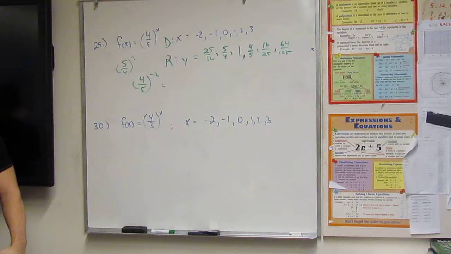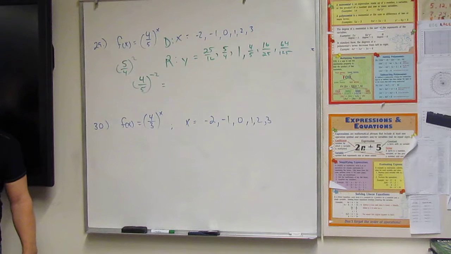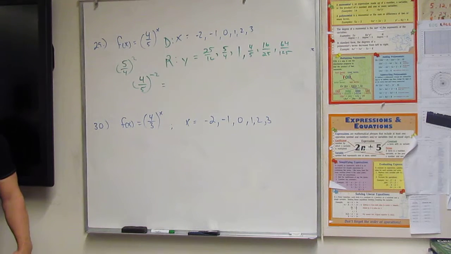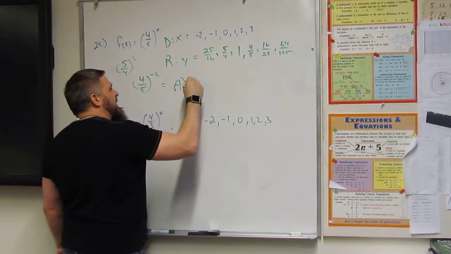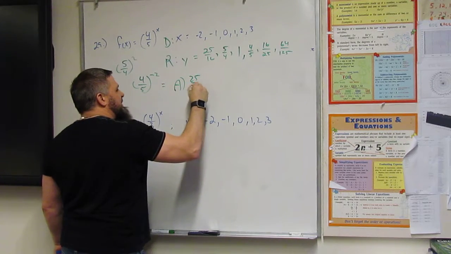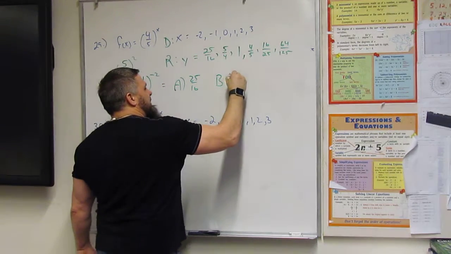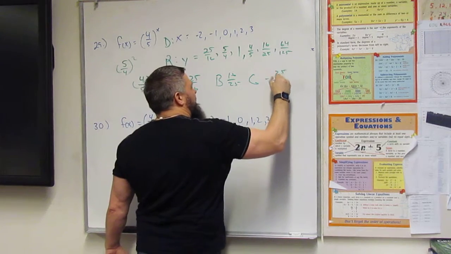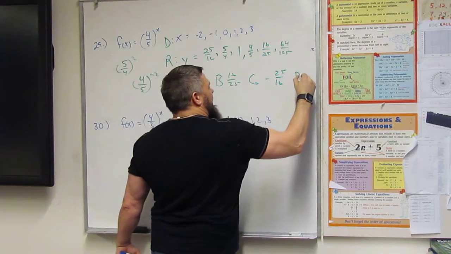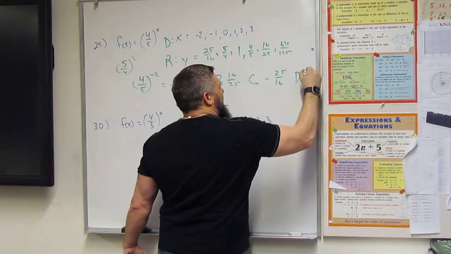And you're going to have to decide, is it A or B? You know what I'm saying? And half of you will be like, well, it's squared, and then they'll probably have one too that does this. So if I were writing the test, I would have A, 25 over 16, B, 16 over 25, C, -25 over 16, D, -16 over 25.